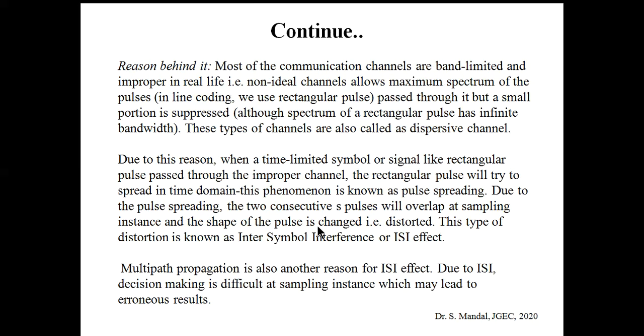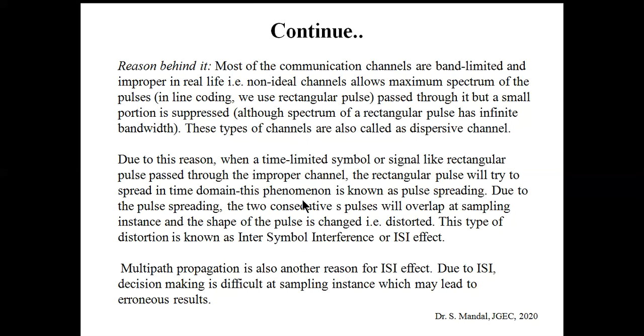Due to this pulse spreading, two consecutive pulses can overlap at the sampling instant, and the shape of the pulse is changed or distorted. This is nothing but the ISI effect or inter-symbol interference, where two consecutive symbols interfere with each other due to spreading of the pulses.